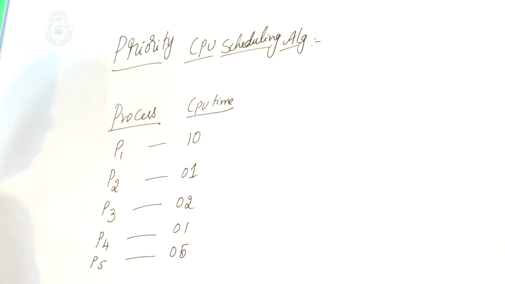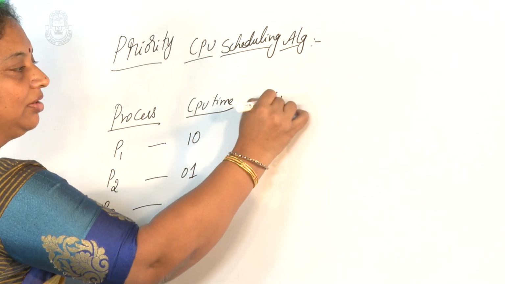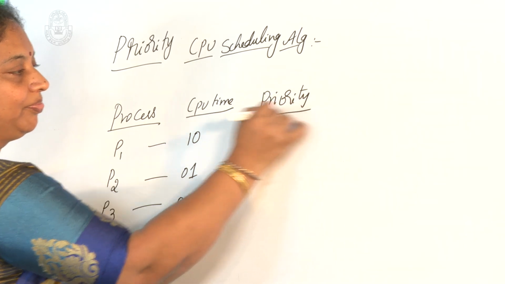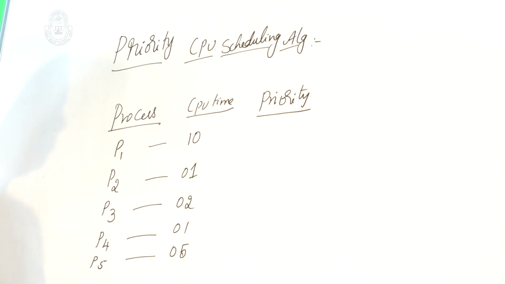Now here in the priority scheduling algorithm, along with these two columns, we have to consider one more column, priority.